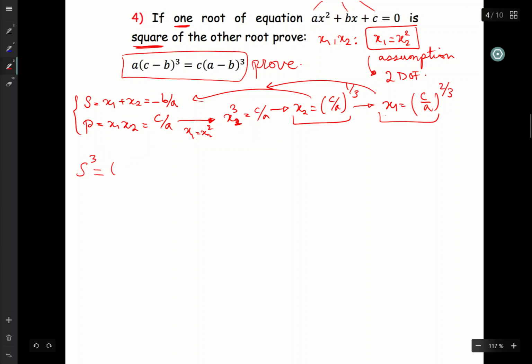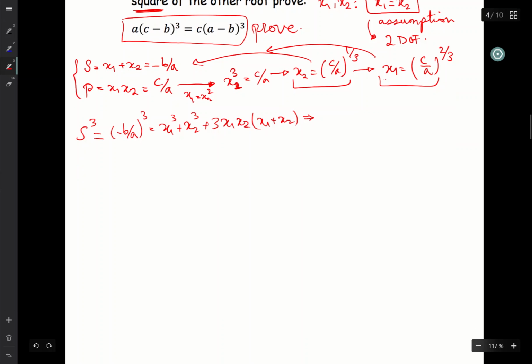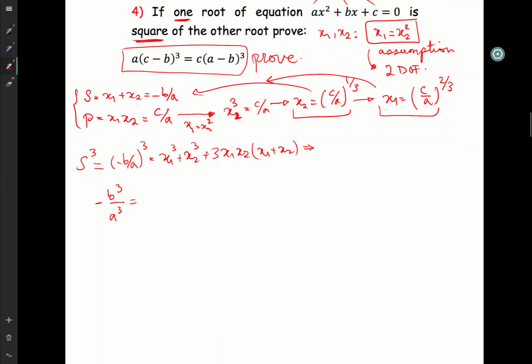S cubed is minus b over a cubed, which is x1 cubed plus x2 cubed plus 3 x1 x2 times x1 plus x2, right? Okay, and therefore what we conclude here is that minus b cubed over a cubed is, now you see in the problem we have c minus b and a minus b.